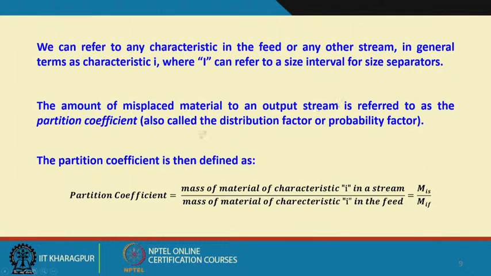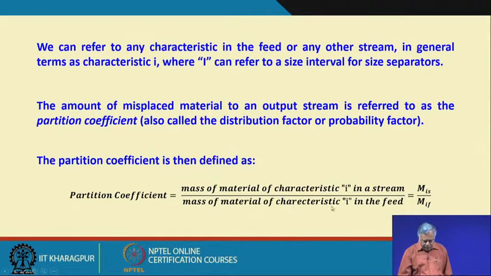So, this distribution of the difficulty they have faced is what is being quantified as the partition coefficient. The partition coefficient is defined as the mass of material of characteristic I in a stream divided by the mass of material of characteristic I in the feed. It is the same concept we discussed in the oversized material efficiency or undersized material definition, but here we are taking into consideration each particle class you have in your feed.